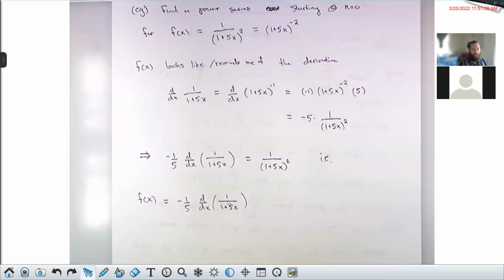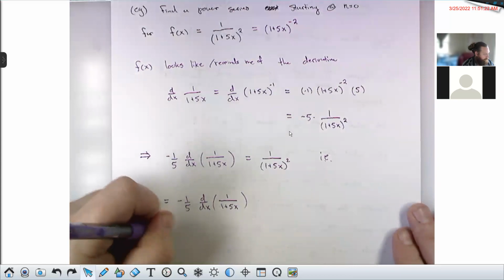So I'm going to find a series for 1 over 1 plus 5x, differentiate that, then multiply by -1/5. That will be the series I want. The only thing is that it's not going to start at n equals 0, and you'll see why. So to see that, let me go ahead and work the problem.